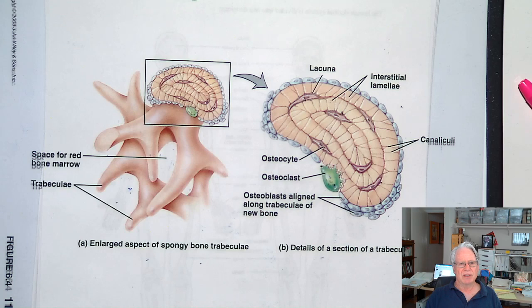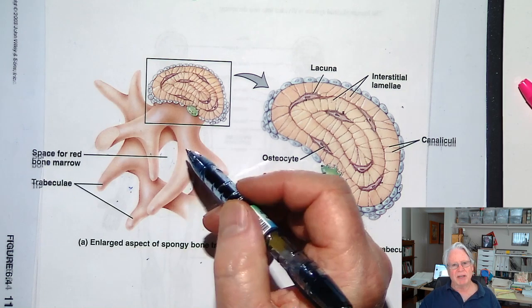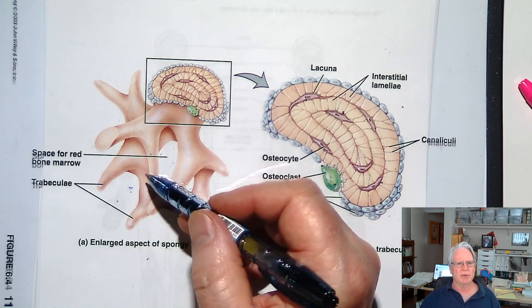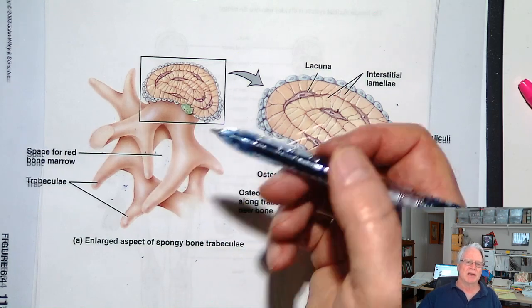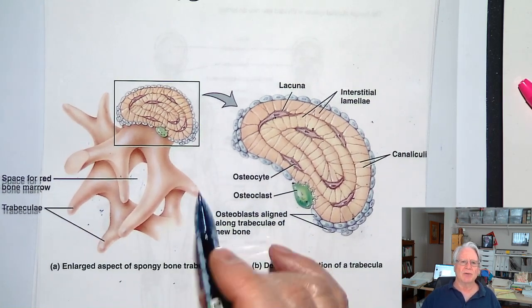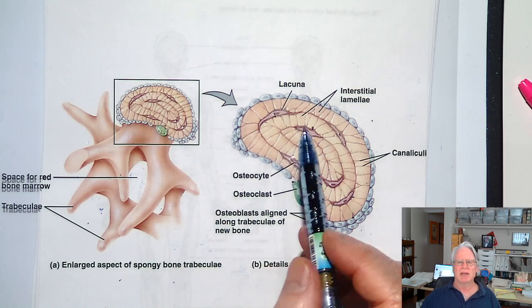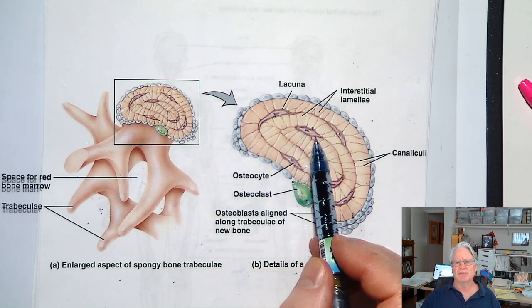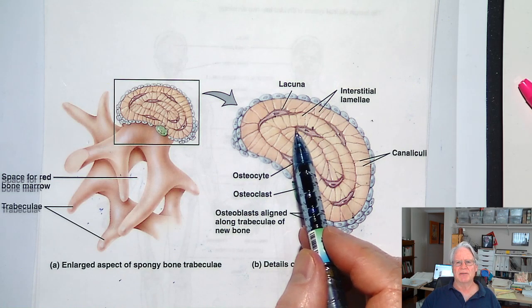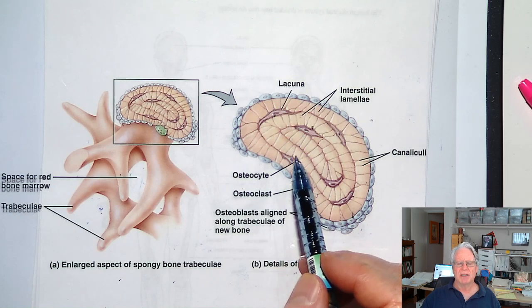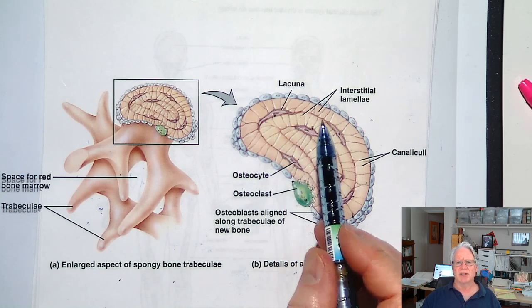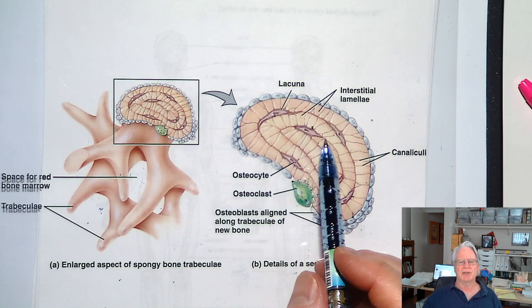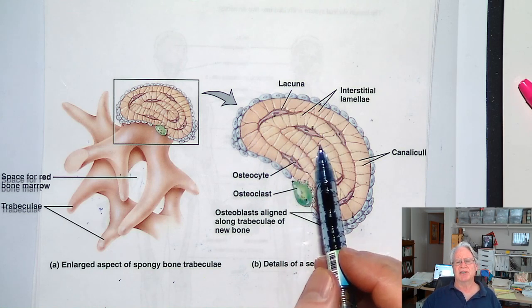No osteons. But we do have these complex lattice work of structures that are referred to as trabeculae. And within a cross-section of each trabeculae, we have the lacuna, we have the osteocytes, we have the canaliculi, but that's it. There is no structure similar to an osteon other than those things.